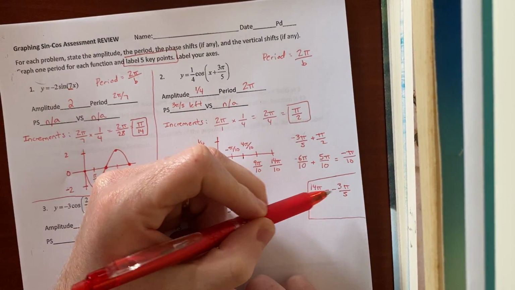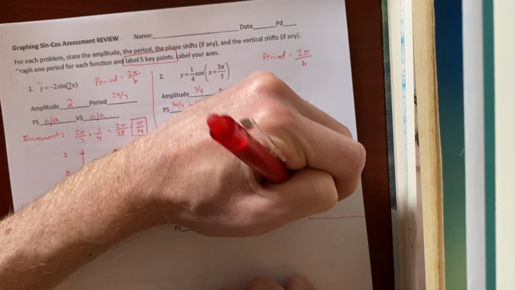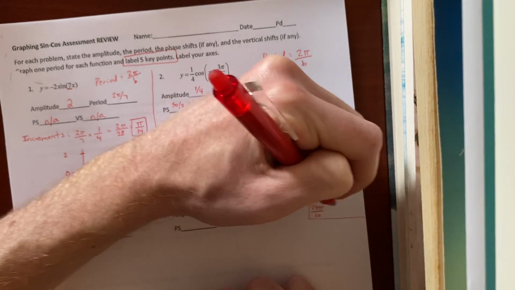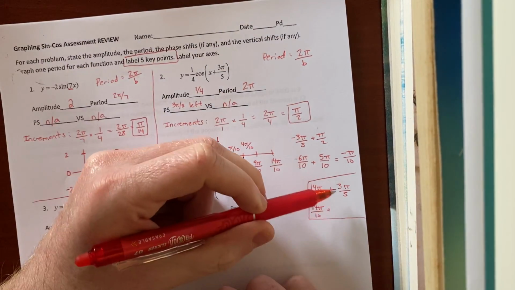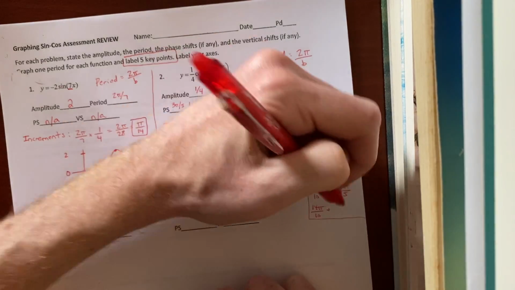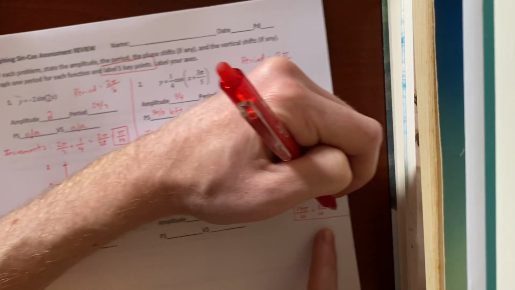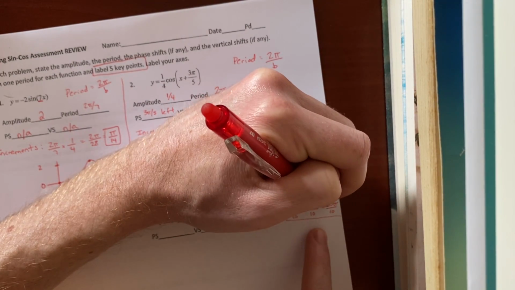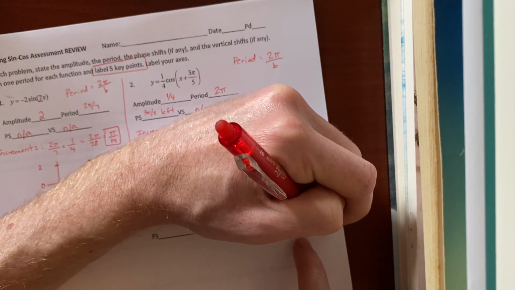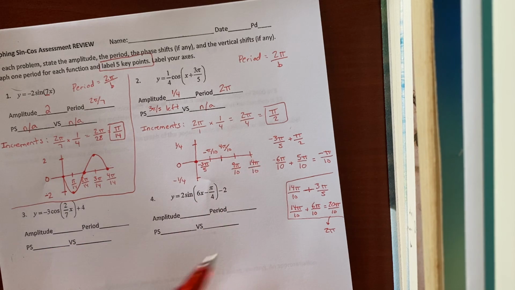First thing I want to clean up, subtracting a negative means I'm adding. And then lastly, I want to make sure I have common denominators. I can multiply my second fraction by 2 to get 6 pi over 10. Sorry, I'm writing kind of strangely. And I get 20 pi over 10, which is the same thing as 2 pi. So I know my x-axis is correct because I did travel that full 2 pi.